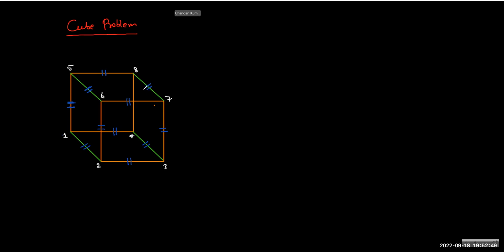In every Q problem, there are three things which we generally ask. The first is between any edge, across any edge. Then across any face diagonal. Then across any body diagonal.